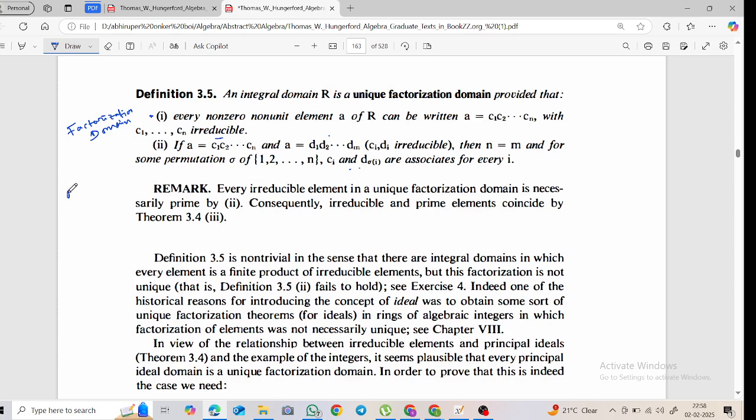Suppose a is c1 c2 and this is d1 d2. They are saying that either c1 is associated with d1 or d2, and c2 is associated with d1 or d2. That's the meaning of this line.